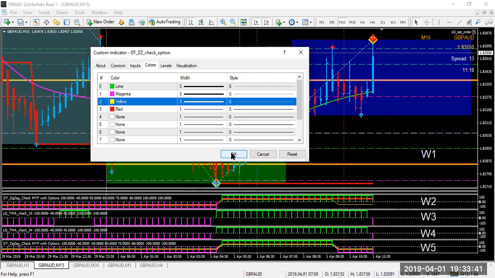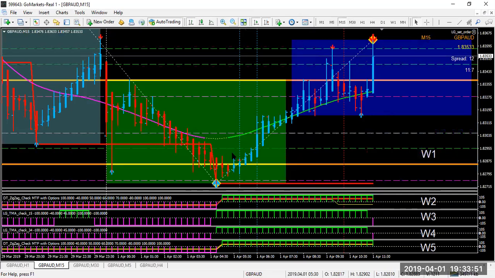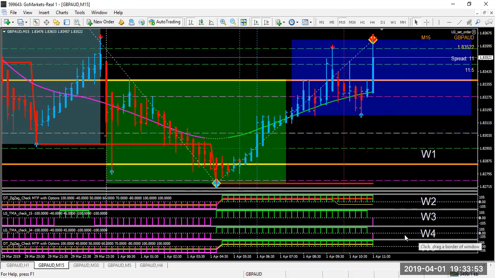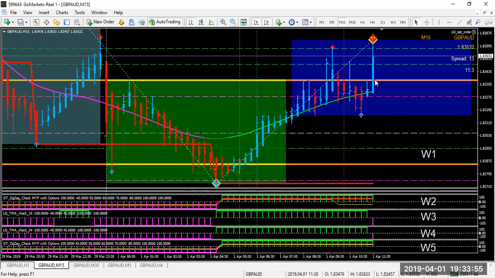Okay, so once again, we're just looking to tease out extra bits of information about the direction of price. Yep, and then you just saw that. Price shot above that, but really we had 3 time frames showing that it was there.